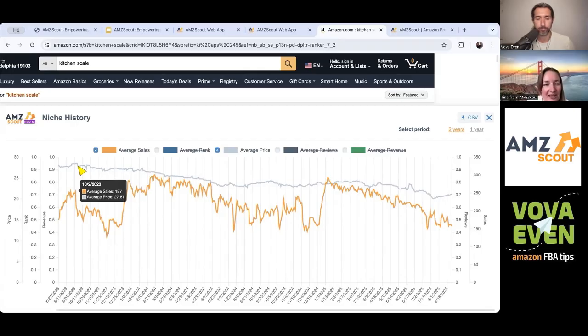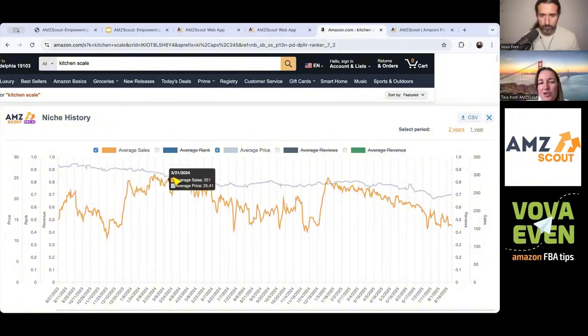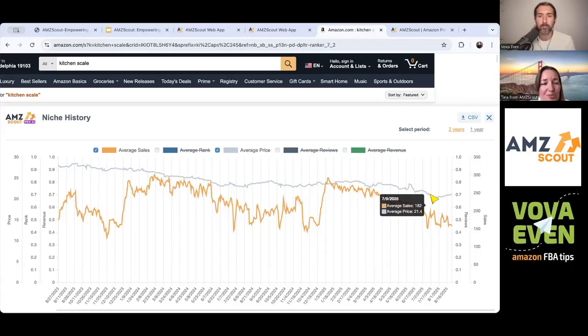But in this case, 2 years ago the average price was 27. Now maybe the production costs got lower, which is doubtful. But for some reason, now the average price is like $20, $21, which makes up for very little profit, in my opinion.